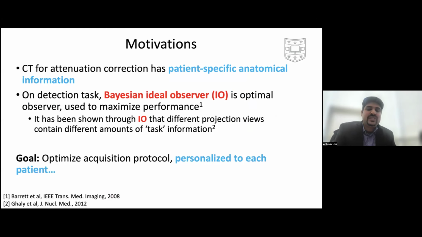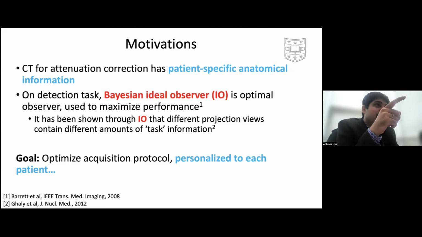There is this thing called an ideal observer. An ideal observer tells you the amount of information content in the data. It's a mathematical observer that is the best possible observer that can be, that will be able to perform the detection task. So you are optimizing for that observer.